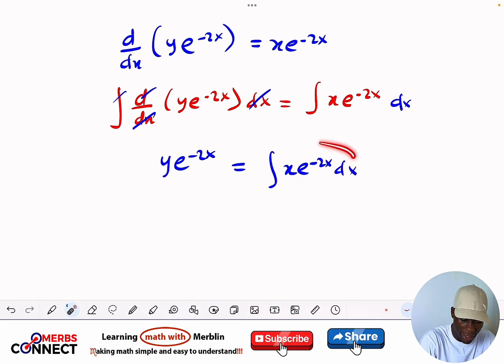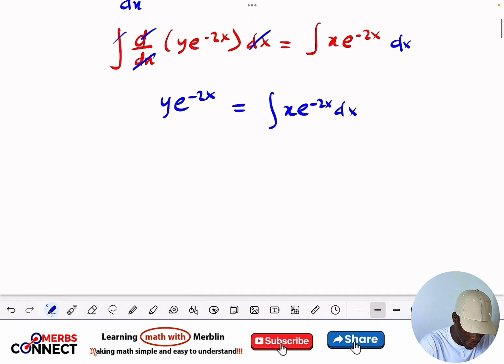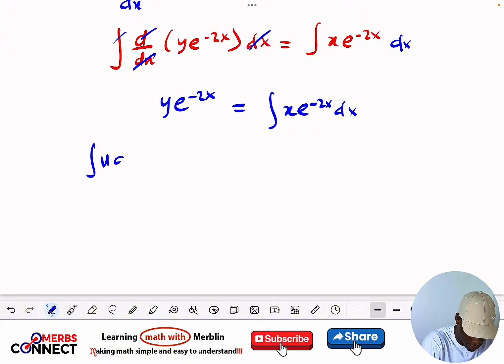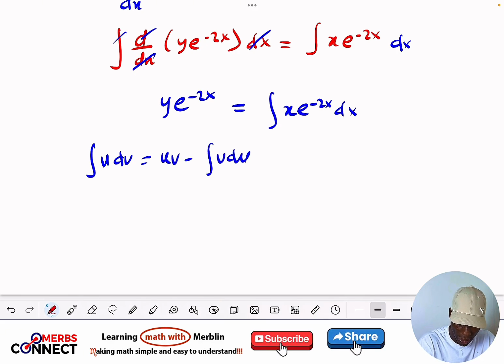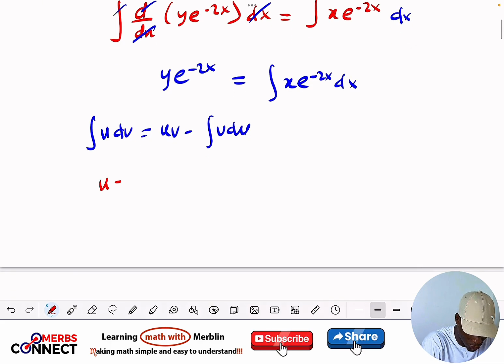Now, for us to integrate this, we need to use integration by parts. So we know that integration by parts, integral of u dv is equal to uv minus integral of v du. So now let's pick our u. We are going to pick u to be x, and then dv to be equal to the exponential function e to the power minus 2x dx.